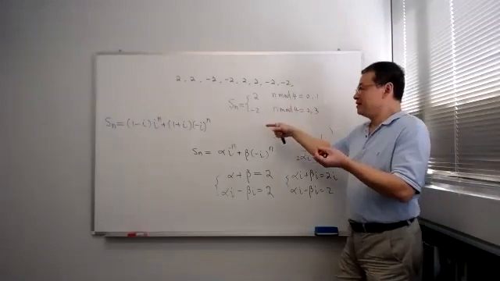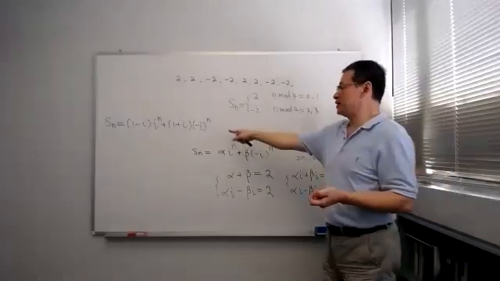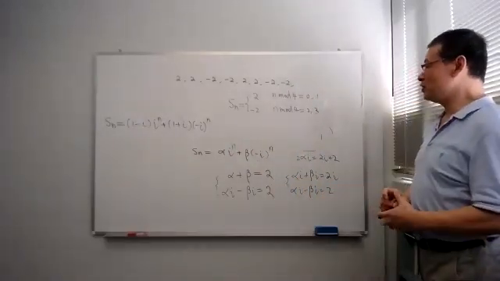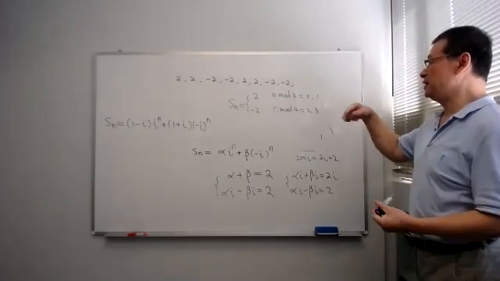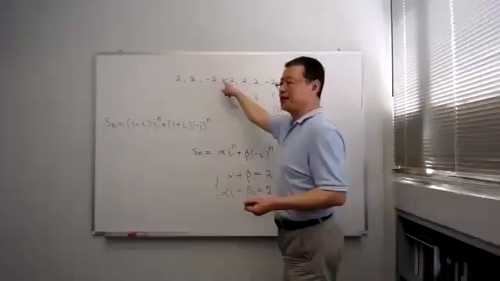Now this one cannot look like a single formula. But this one is a single formula. Actually, in this case a single formula is possible because what we need to control is the change of signs.